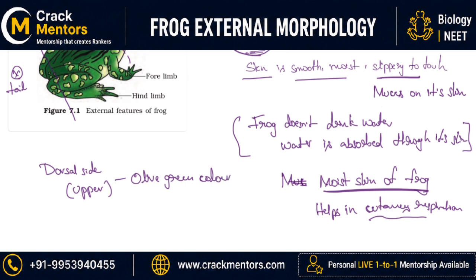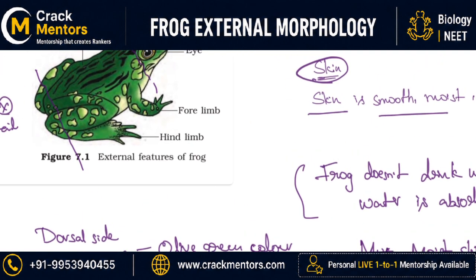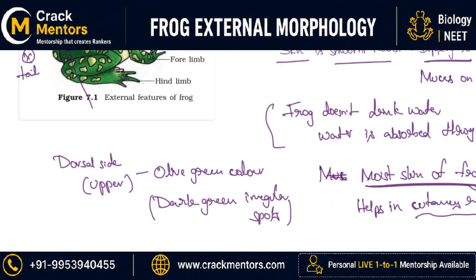Most frogs' upper side appears olive green with dark green irregular spots. You can see on its skin that the upper part is olive green and it has dark green color patches.